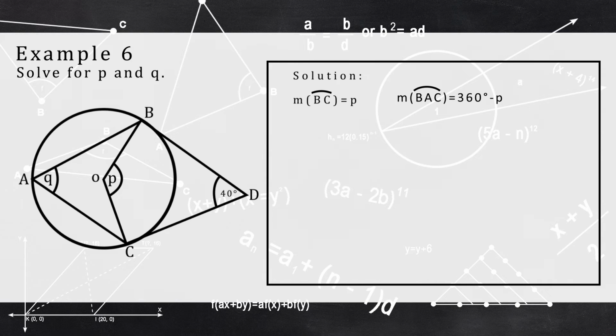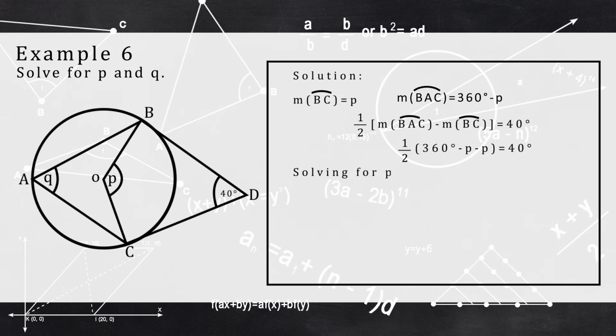Segments BD and CD are tangent to the circle and intersecting at D. Applying the theorem, 1/2 times the measure of arc BAC minus the measure of arc BC is equal to 40 degrees. That is, 1/2 times 360 degrees minus P is equal to 40 degrees.